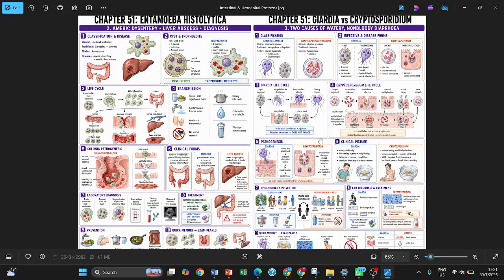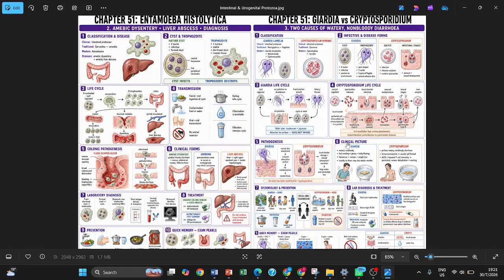And you can have the fecal matter contaminating your food and water, right? So if you're ingesting food contaminated with these organisms, then you are definitely going to have the clinical presentations of these diseases.